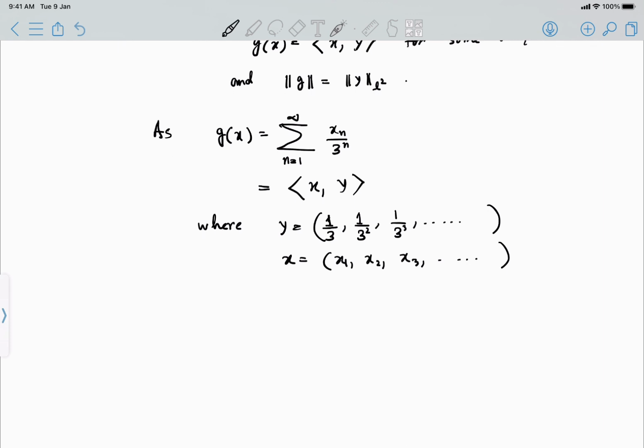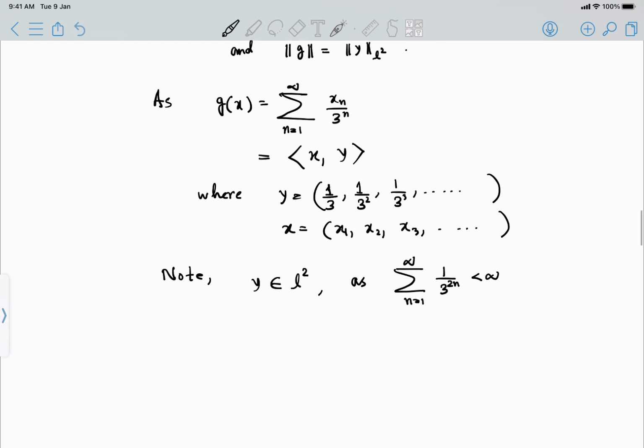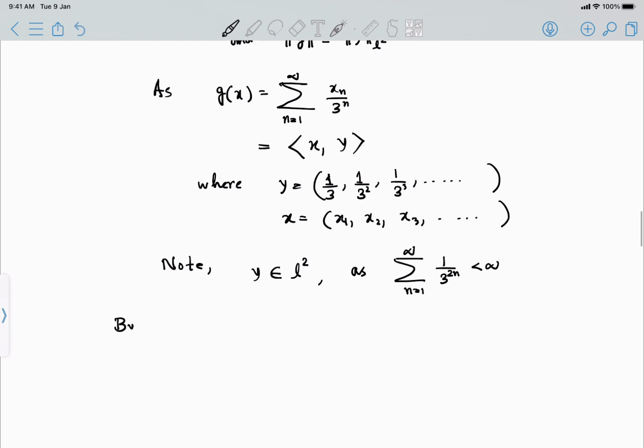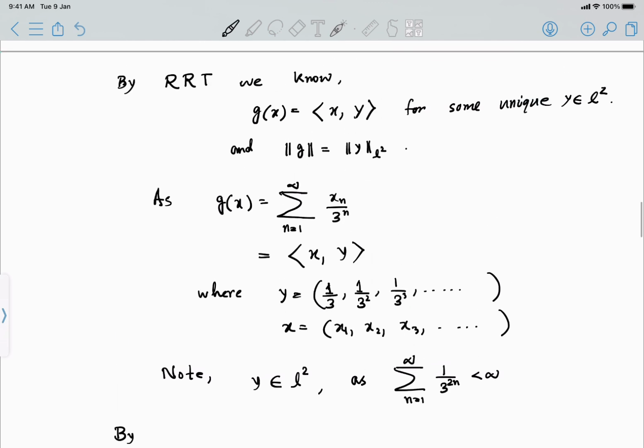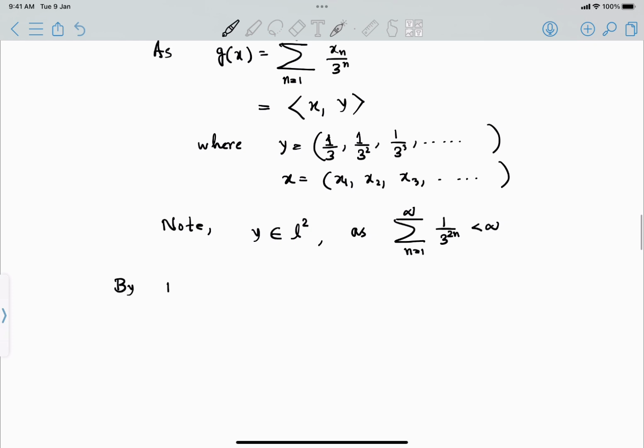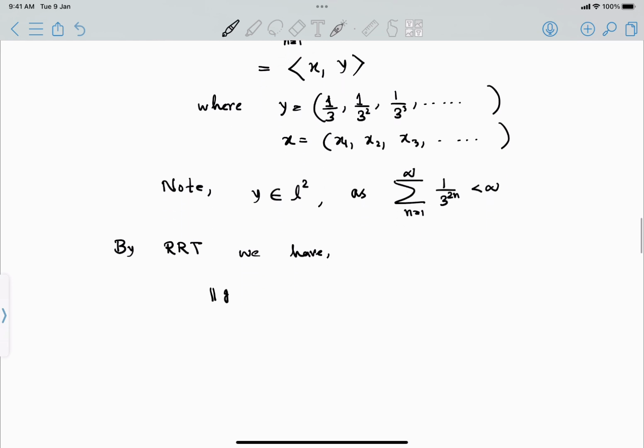And note y is in L2, as the summation of 1 by 3 to the power 2n is finite. So by uniqueness in the Riesz representation theorem, this is that y. Let me call it y naught.